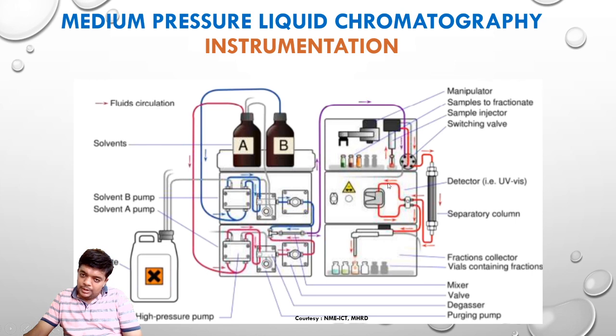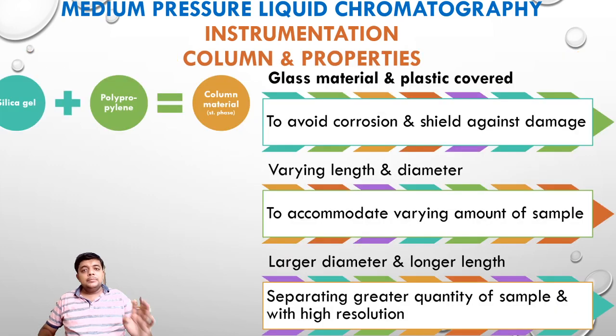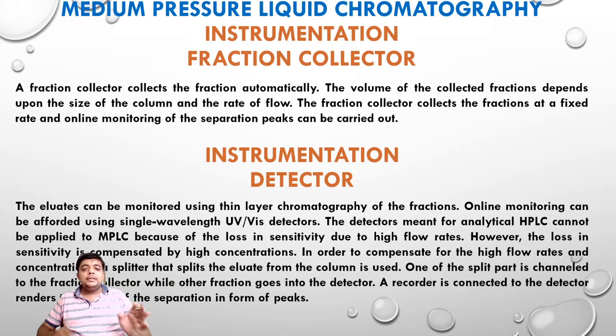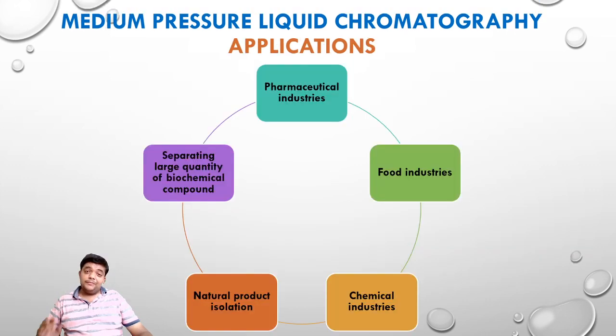It will allow a very small quantity to go into the detector and the rest will directly get collected into the fraction collector. It is a split type of channel that is used in the detector. A recorder is connected to the detector which renders the output of the separation in the form of peaks. So friends, these are some of the instrumentation parts involved in MPLC, medium pressure liquid chromatography.